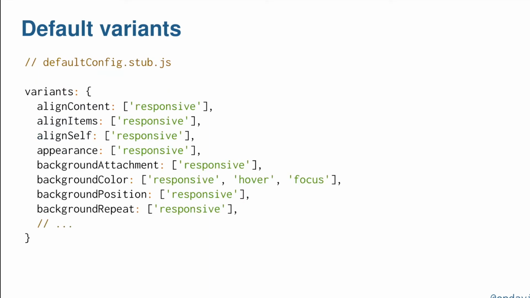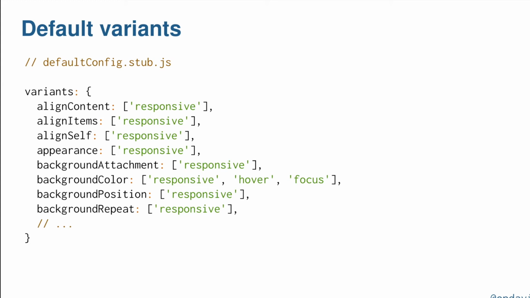I did say that we could prefix any class, which potentially is true, but not with the default config. So here's a preview of the default config Tailwind gives us, and there's a variants key here. Each of the classes are grouped into modules. They were called modules in an earlier version, or just groups of variants, I guess, now. On the left is the name of the module or the variant group.